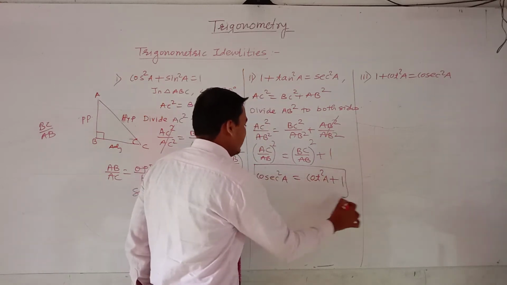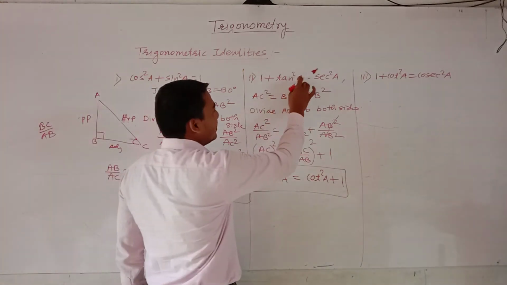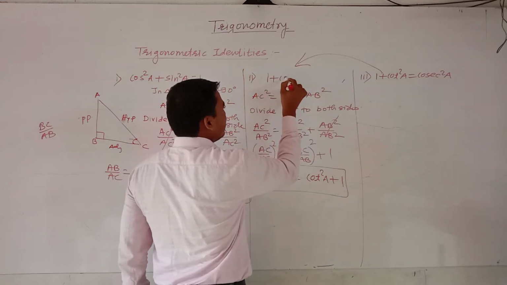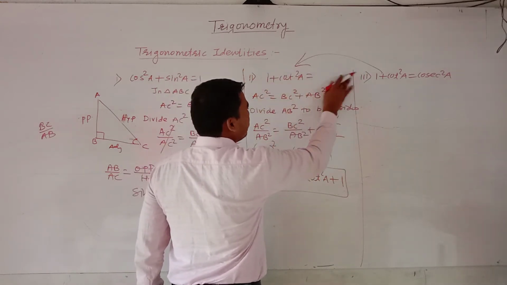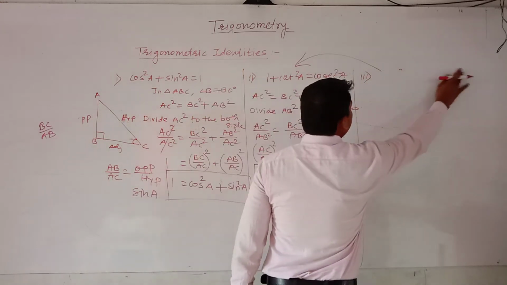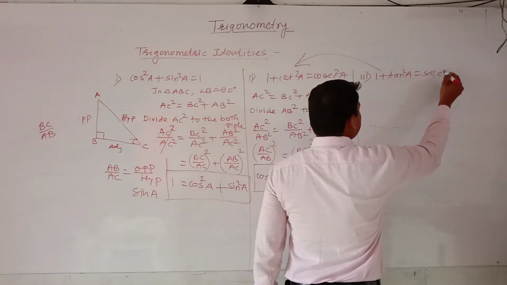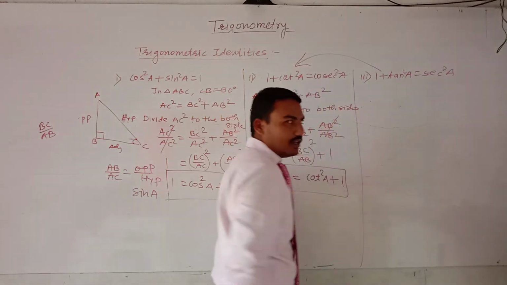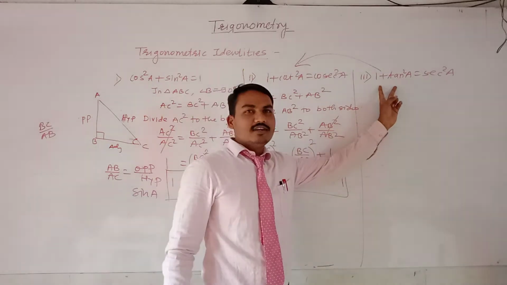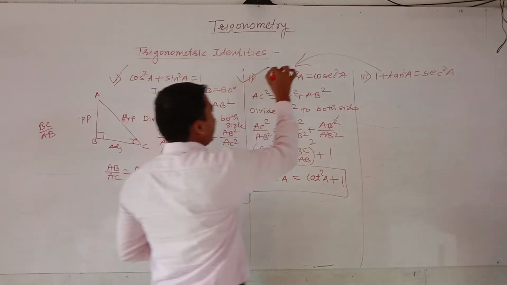So it is my second trigonometric identity: 1 plus cot square A is equal to cosec square A. Now third is 1 plus tan square A is equal to sec square A. Now you have to solve this third one. By which side we have to divide? So you have to see this now.